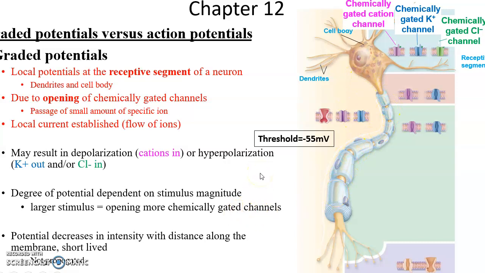However, if it's not enough, then it's only going to be a temporary change, and then it will repolarize and return to its normal negative 70 millivolt resting membrane potential. So it can be short-lived and have no overall effect, or it can be significant enough that it leads to that action potential, reaching that threshold.